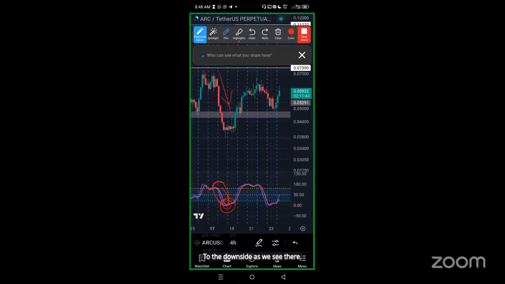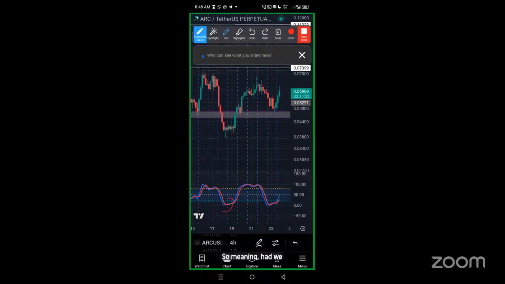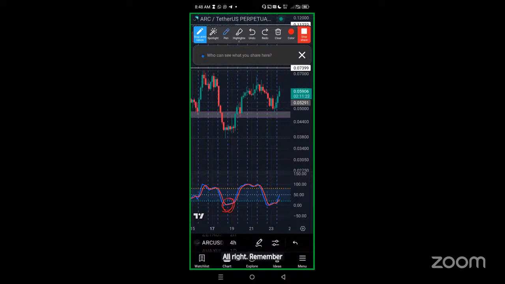After the market price was supported around this region, we saw a shift in market structure to the upside, and that only happened when a crossover happened here. So had we come across a scenario like this when the crossover is just about to happen, remember, this indicator is going to support your analysis and your price action.